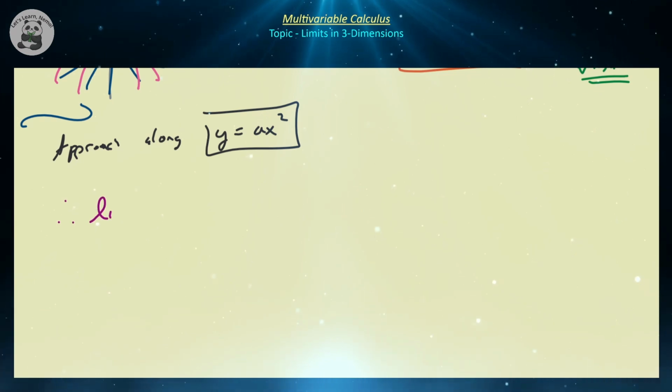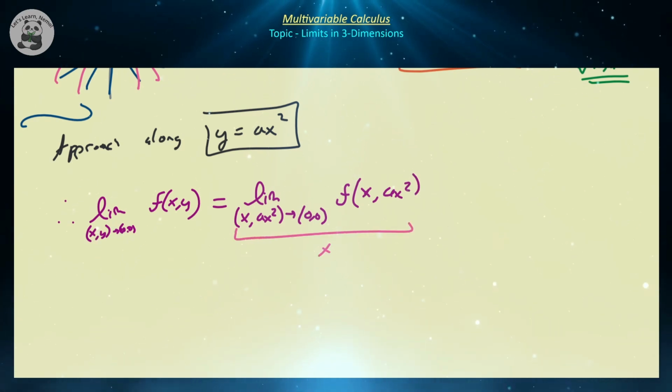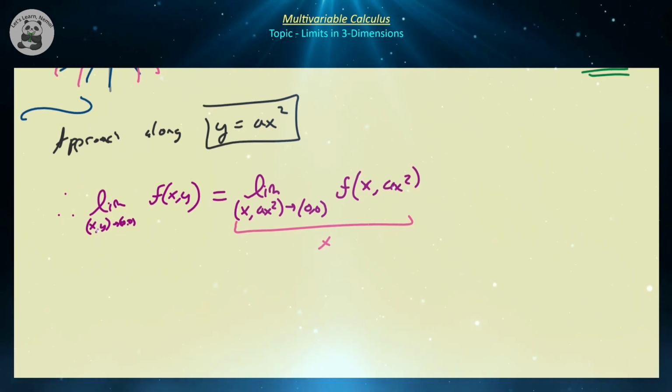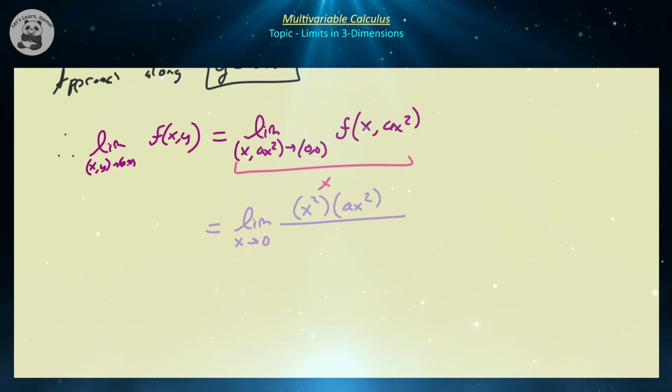Therefore, the limit as (x, y) approaches (0, 0) of f(x, y) turns into the limit as (x, ax squared) approaches (0, 0) of f(x, ax squared). Notice that this is still a function of x only, so I can switch this into a limit of x only. So this is the limit as x approaches 0 of x squared times ax squared, and on the bottom x to the power of 4 plus ax squared, the quantity squared.